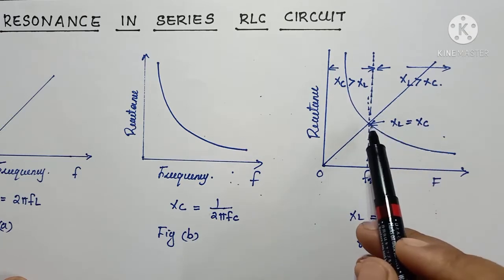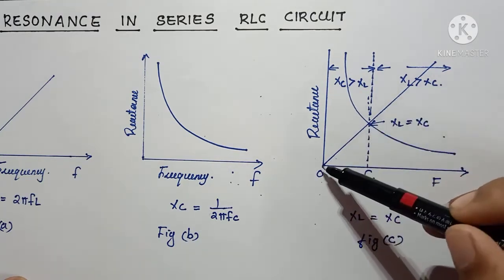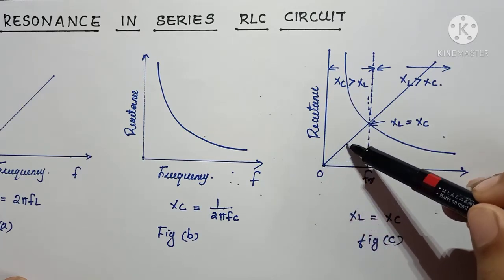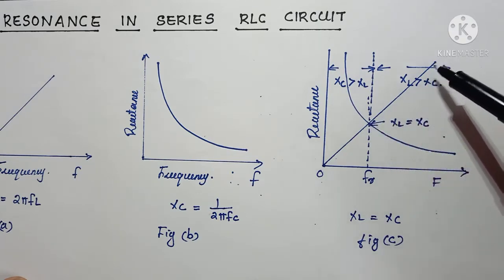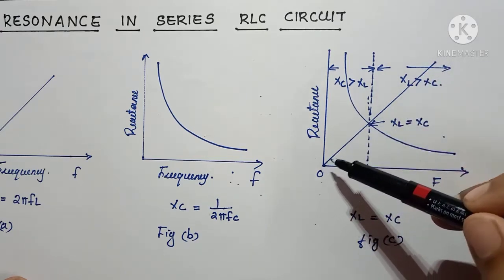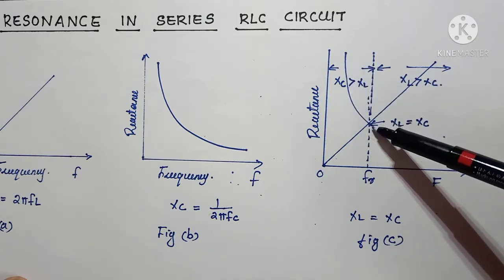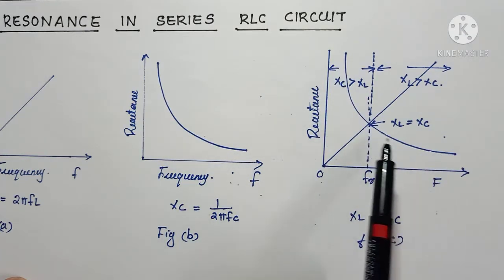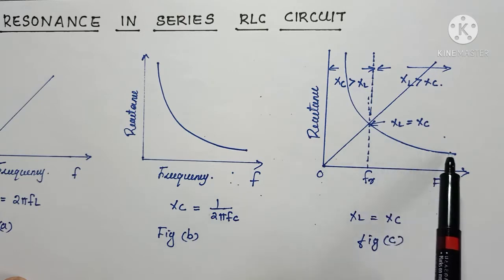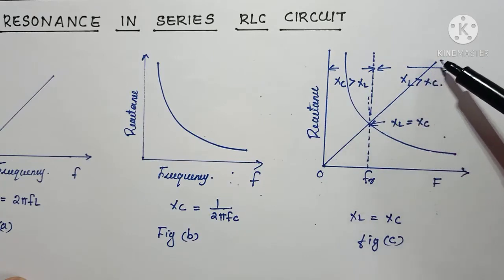The inductive reactance is increasing from 0, and at this point it equals the capacitive reactance, and it keeps increasing, you can see here. After the point of resonance, this graph shows the capacitive reactance gradually decreasing, but the inductive reactance is increasing.